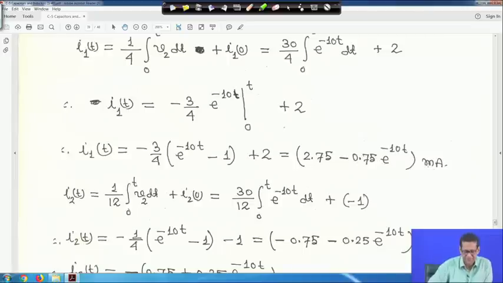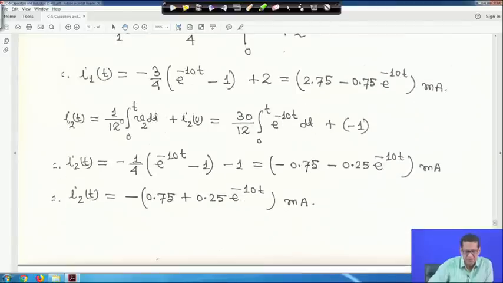Please simplify. Similarly, for I2(t), 1 upon 12 integral 0 to t of V2 dt plus I2(0), so 30 by 12 times the integral of e to the power minus 10t, plus I2(0), which is minus 1. You integrate and simplify, and you will get I2(t) is equal to minus 0.75 plus 0.25 e to the power minus 10t milliampere.